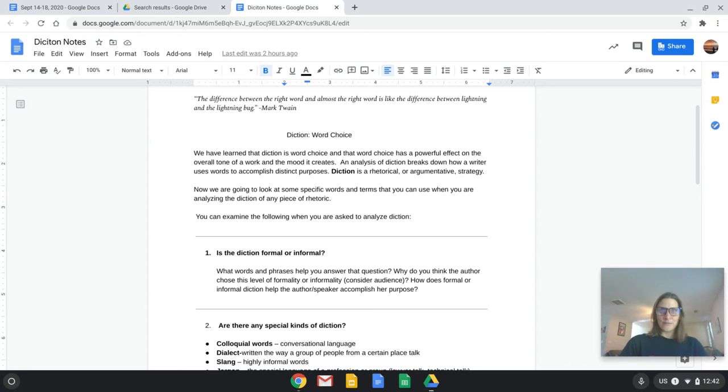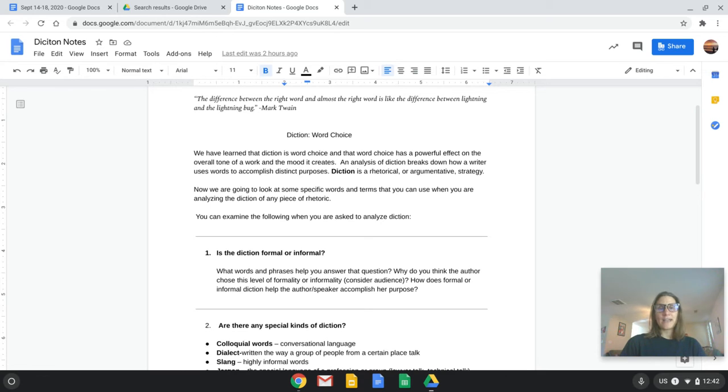An analysis of diction. So if I ask you, hey, you need to analyze the diction of this piece, that means we are basically going to break down how a writer uses words in order to accomplish purpose. Notice that word purpose. We are always going back to our rhetorical purpose. An author is writing for a purpose. They choose tools to build together their argument, and diction is one of those tools.